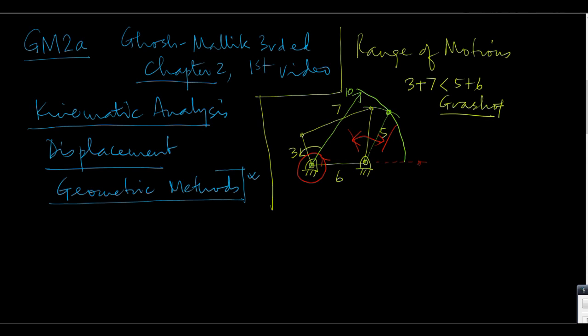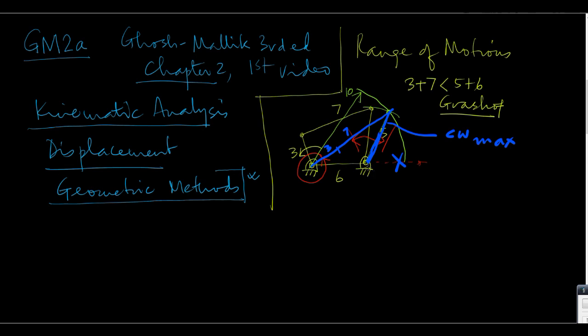Let me mark that in blue now with a fatter brush size, and so that is 3, 7, total is 10, this is 5. This link cannot come over here, and this is the clockwise max position.